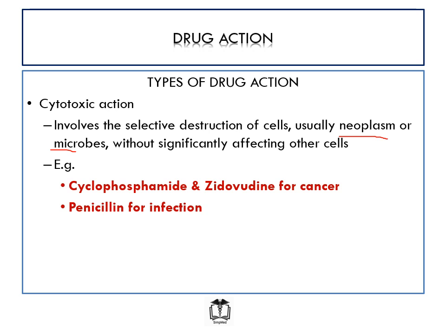Remember that neoplastic cells typically occur in a scenario of cancer or malignancy, whereas microbial cells usually occur in a scenario of infection. So drugs that perform cytotoxic action include anti-neoplastic agents such as cyclophosphamide and zidovudine. We can use them in treating cancers. And examples of drugs affecting microbes would be penicillin, which is used in treating infection.